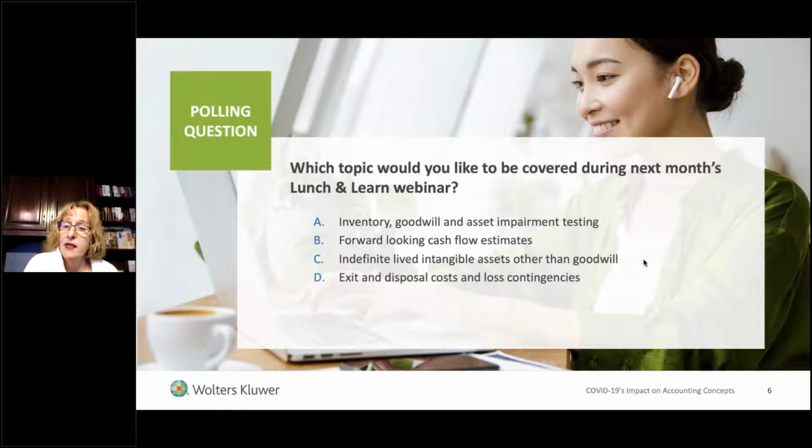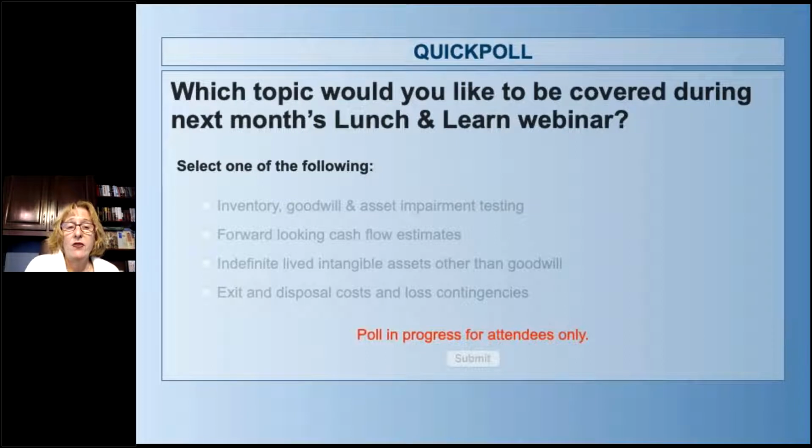So with that, this is our first polling question that we want people to answer in order for you to get your CPE. This is just to help us understand what topics you would like to cover in next month's Lunch and Learn, and we've used this to decide which topics we're going to cover when. So select one of the following: inventory, goodwill, and asset impairment testing, which is a pretty significant area. I combined some of these.